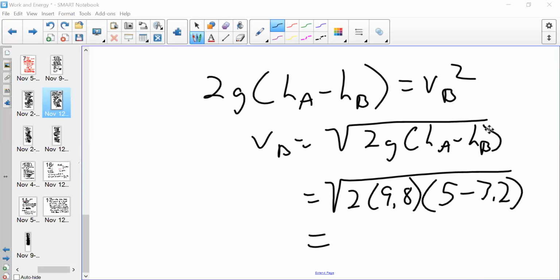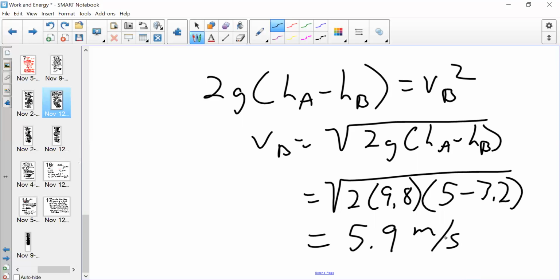Okay, so 5 minus 3.2. So about 5.9 at B, meters per second. Those numbers check themselves.